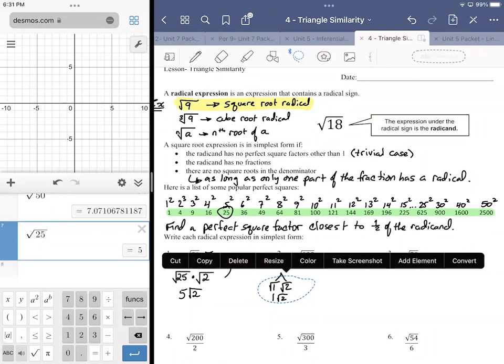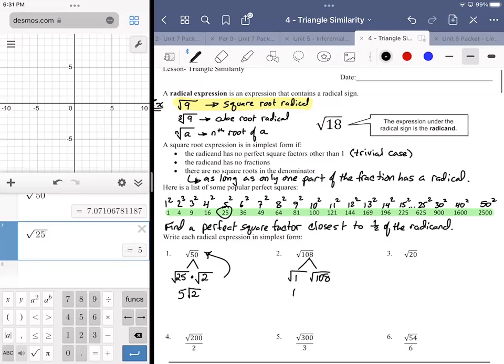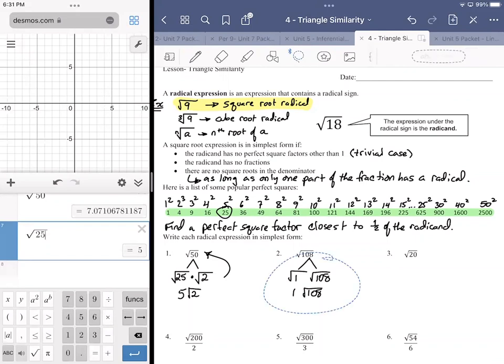So in the case of number 2, for example, and if you're writing stuff down, don't write what I'm about to write down. I could look at this and say radical 1 times radical 108. And I'd say, okay, square root of 1 is 1. Radical 108, same thing. One in a big old circle, got me nowhere, right?